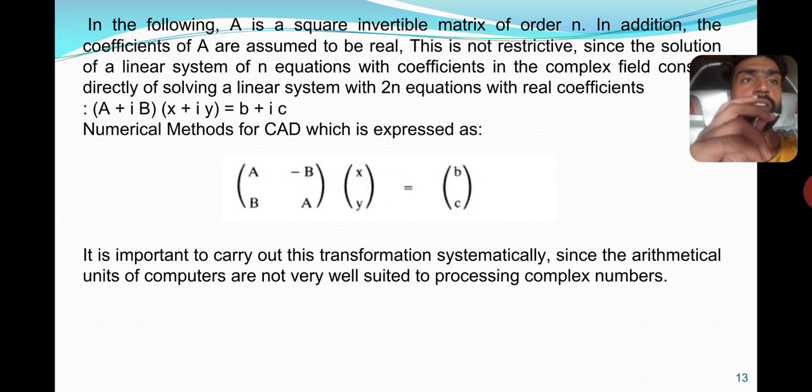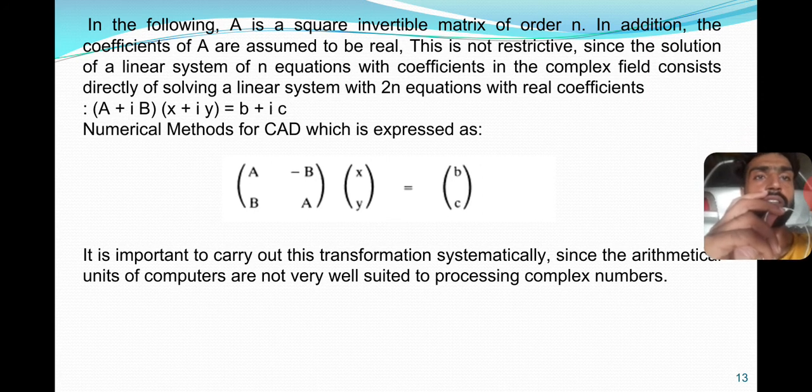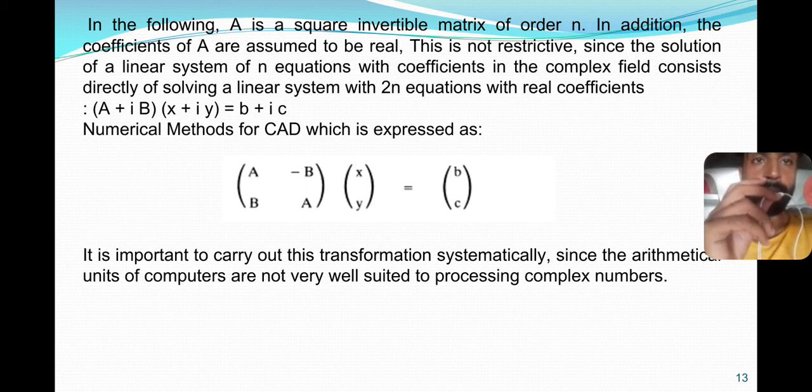In the following, A is assumed to be an invertible matrix of order n, and in addition the coefficients of A are assumed to be real. This is not restrictive, since the solution of a linear system of equations with complex coefficients consists directly of solving a linear system with twice as many equations with real coefficients: (A + iB)(x + iy) = b + ic, which is expressed as a block system with unknowns x and y.